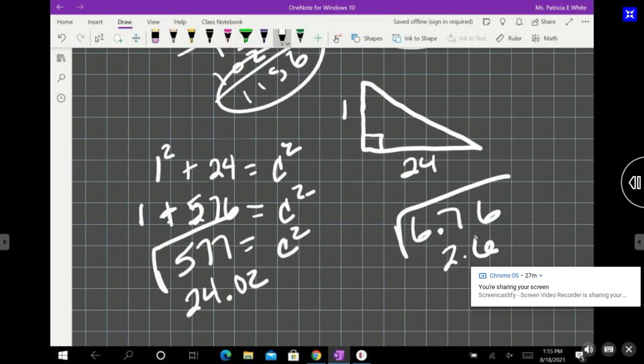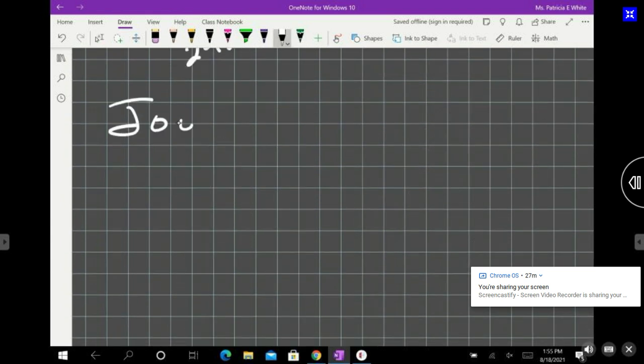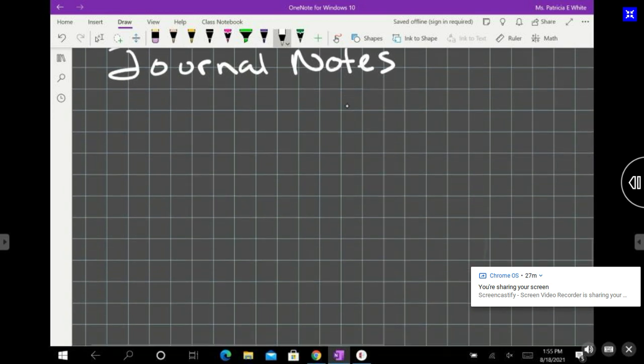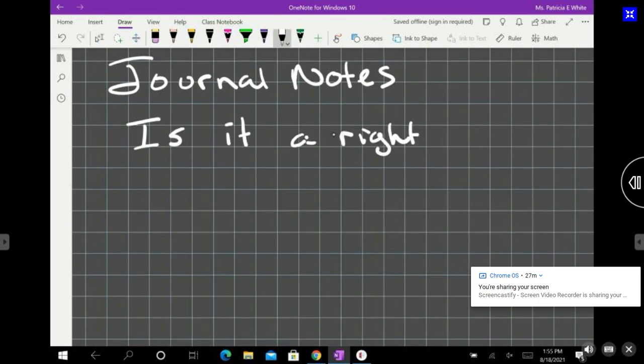So let's put our homework aside and talk about our journal notes. We've got a couple more examples to talk about. We're going to ask today, is it a right triangle?